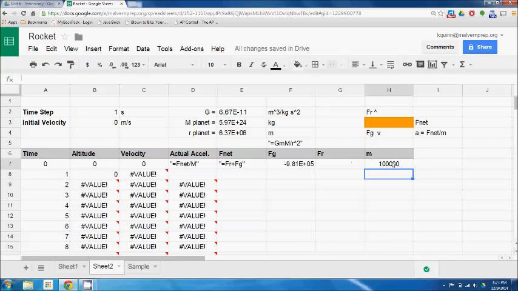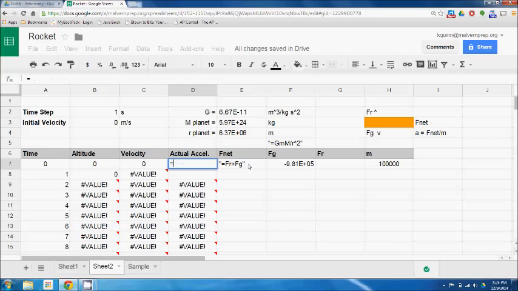Okay, so now we have a force of gravity. Now you might notice that it's negative 9.81 times 10 to the 5th. Why so big? Well, remember, this is the force. The acceleration comes from F net divided by m. So if we take these two formulas that we already wrote down and take the quotes away and really write them, you'll see that it actually works out to exactly where we were.